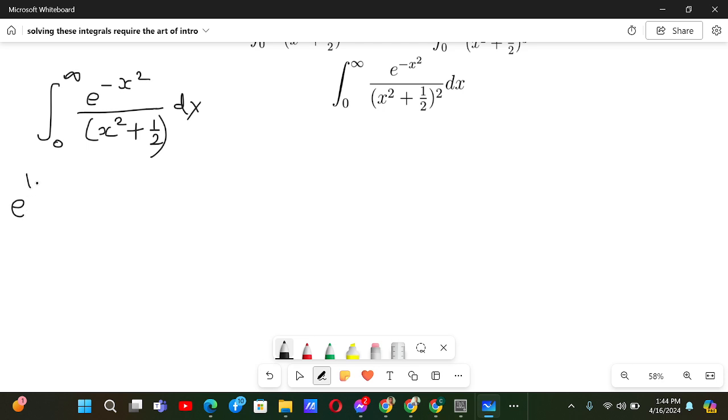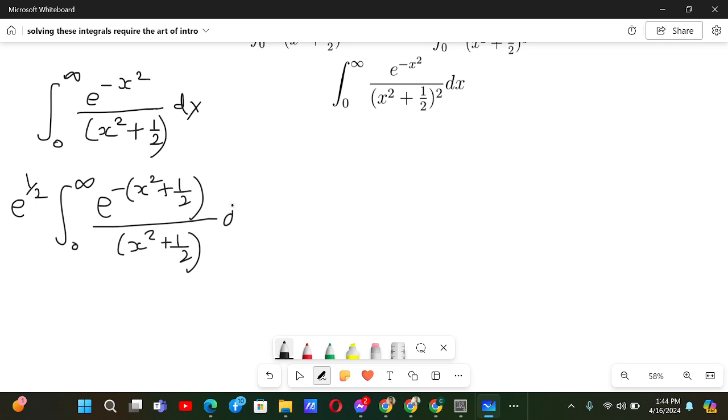If I introduce a 1/2 here in the denominator, I can also introduce e to the power minus (x squared plus 1/2), because the minus 1/2 and plus 1/2 cancel out. Now, to make a double integral, if alpha is in the exponent and I integrate with respect to alpha, the coefficient will come down. So I will use that strategy.